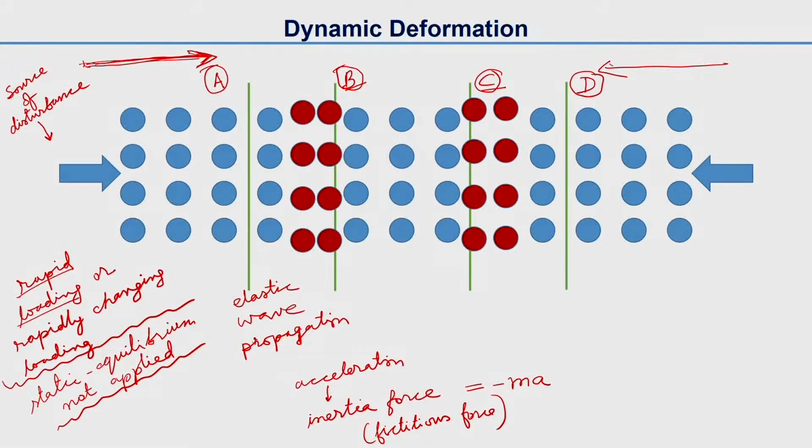So in the quasi-static case we ignore the acceleration and we can neglect the inertia force, but in this case we cannot ignore the inertia force or inertia effect. Let us now think about this.